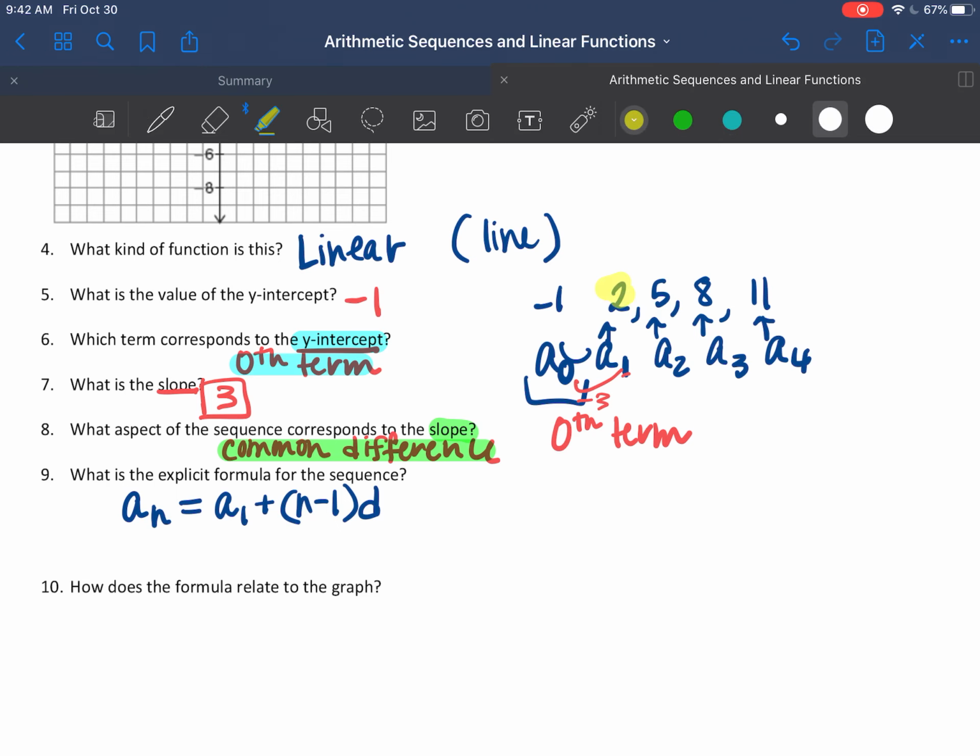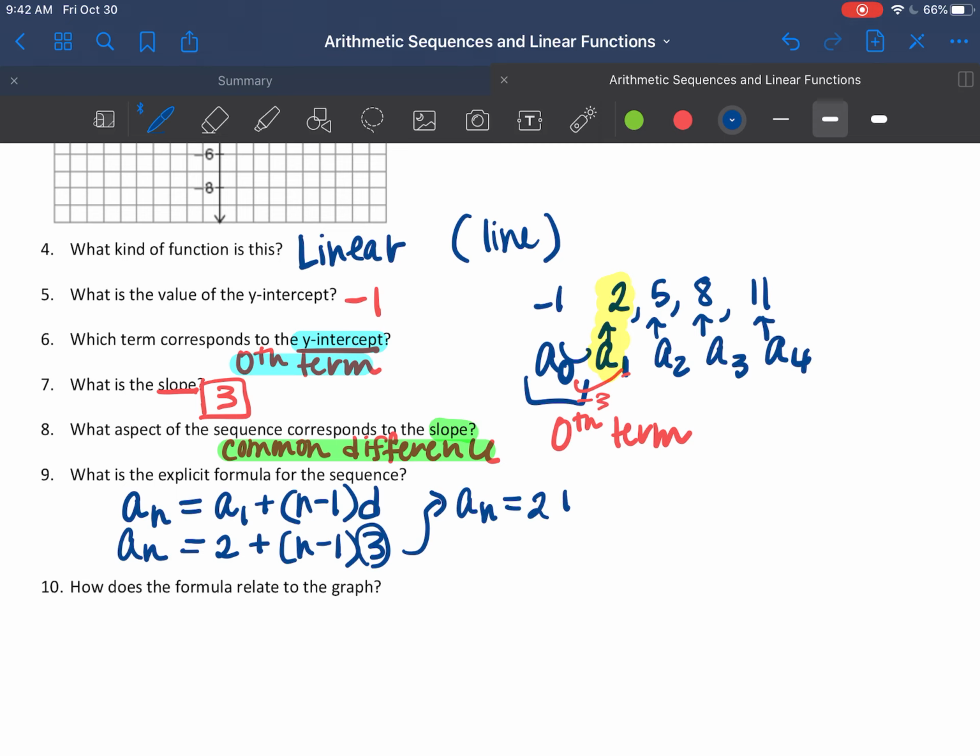And so for this particular sequence, our first term is a sub 1, or 2. And so we have 2. And the value of D was 3. Okay, I always like to rewrite this number in front of the parentheses.